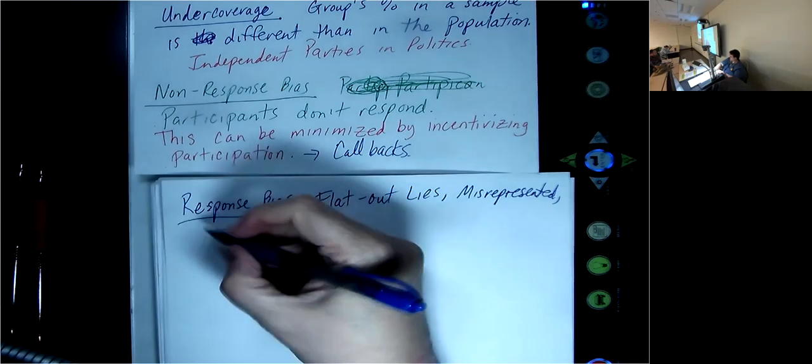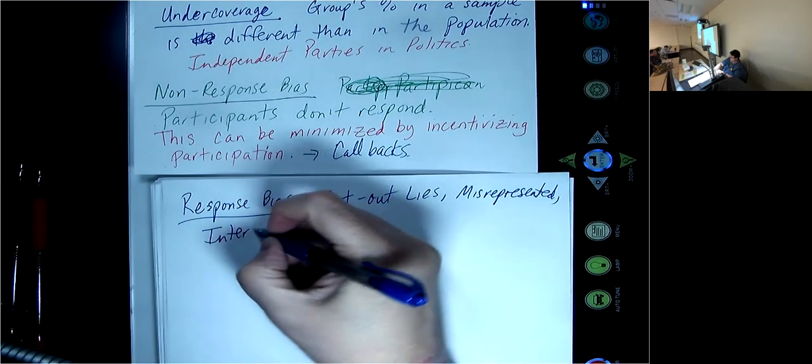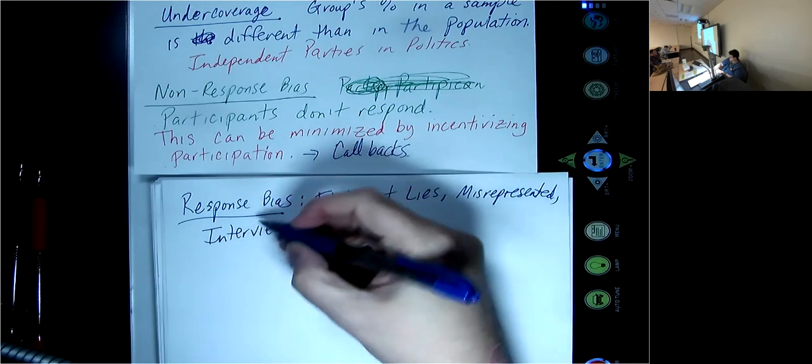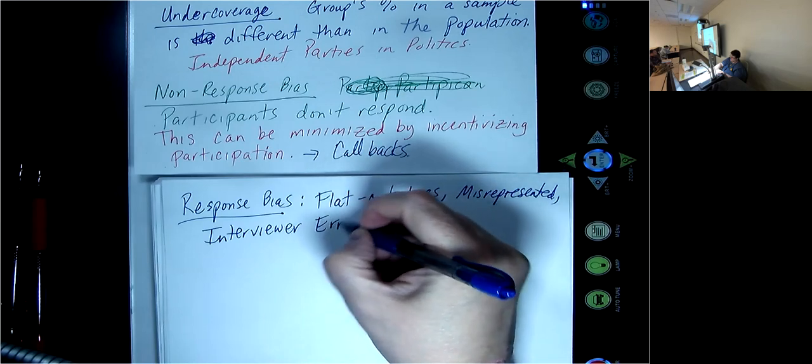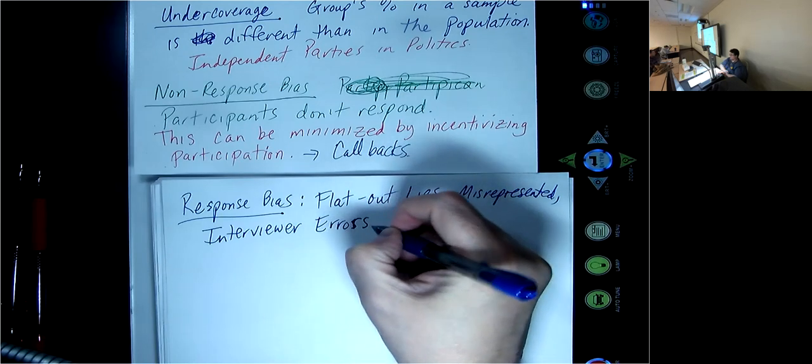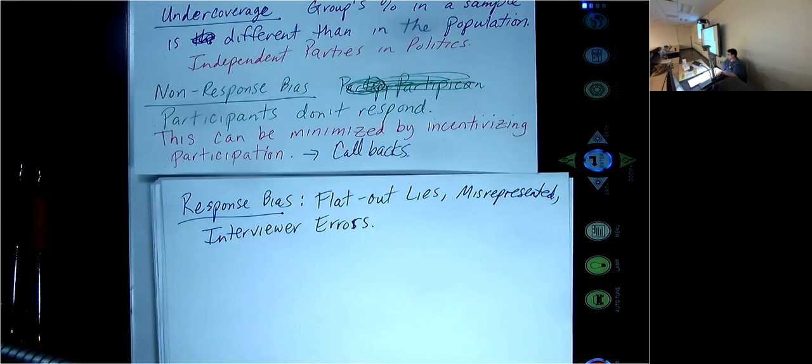Or the interviewer makes an error. For example, examples of interviewer errors. You're like, how is interviewing an error? Other than the obvious ones, like just messing up the question.